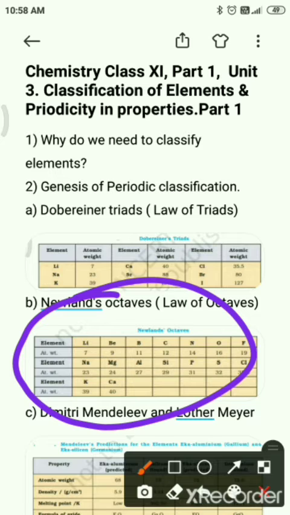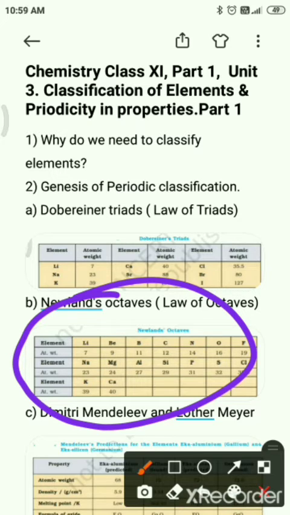And the second one, element sodium having atomic weight 23, magnesium 24, aluminium 27, silicon 29, phosphorus 31, sulfur 32, chlorine 35.5, potassium 39, and calcium 40. This is the increasing order with the similar properties.